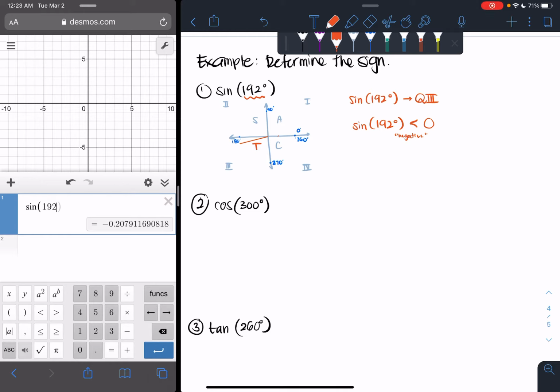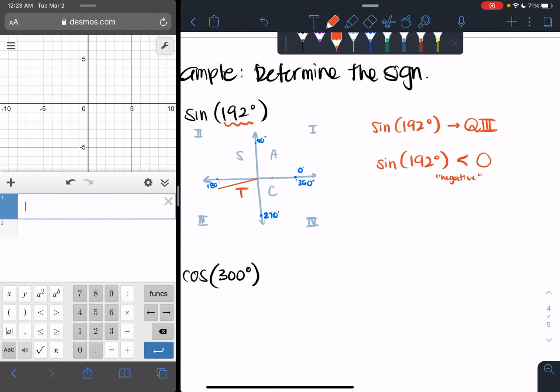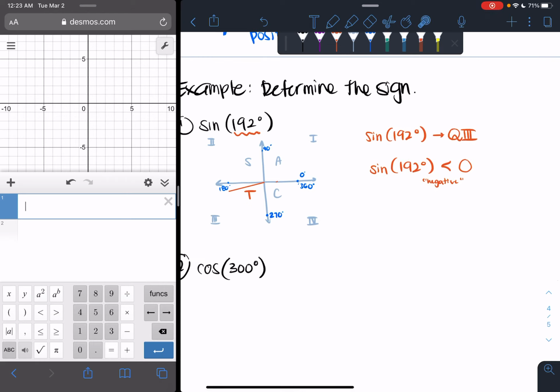And that's all we're doing for these examples. So again, what just happened here? We redrew our coordinate plane, labeled our quadrants, and reminded ourselves ASTC, all students take calculus, because this helps us remember which ratios are positive in which quadrants.